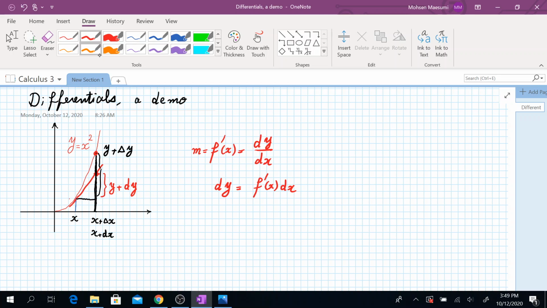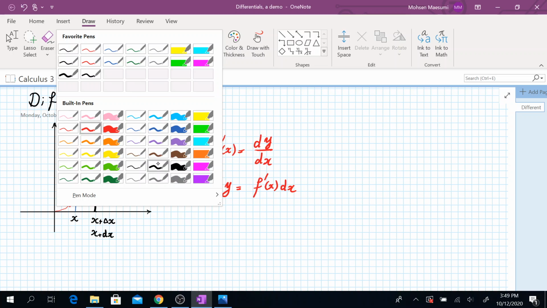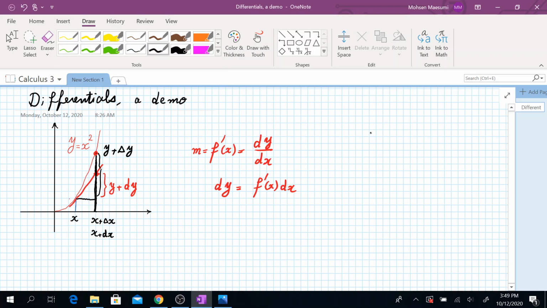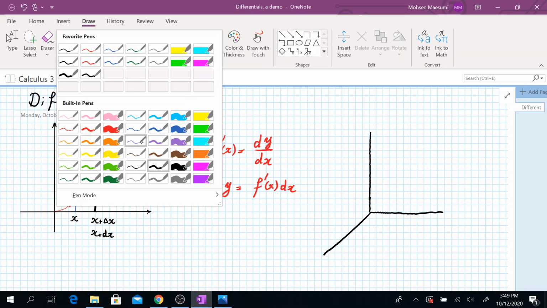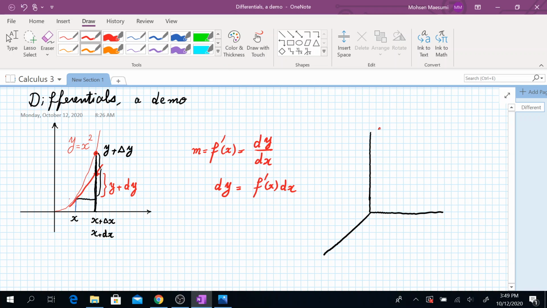Now, in three dimensions, let's consider a comparable function here, say z is equal to x squared plus y squared, or something like that.